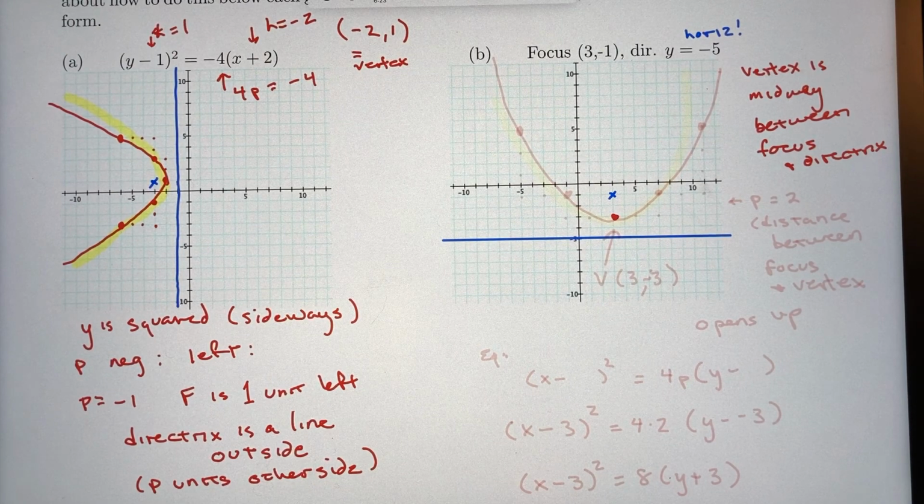P is the distance between the focus and the vertex.